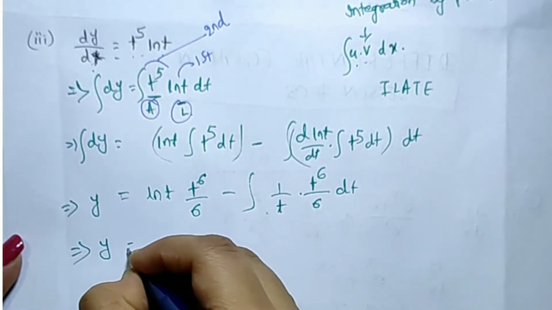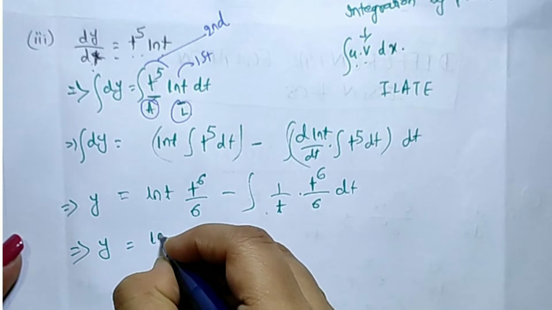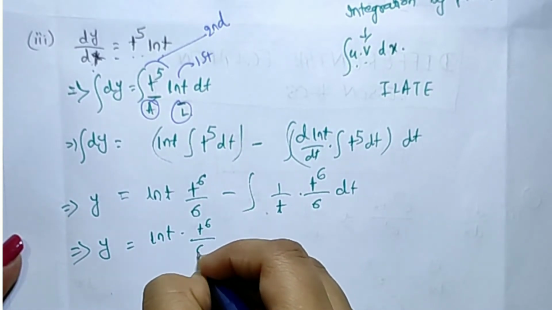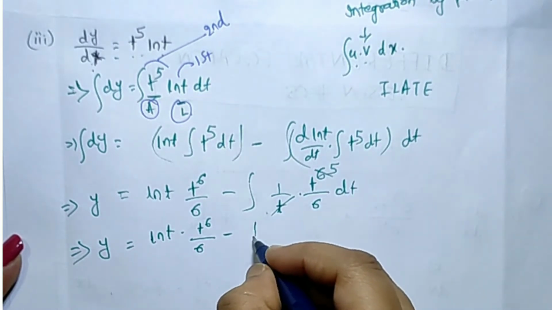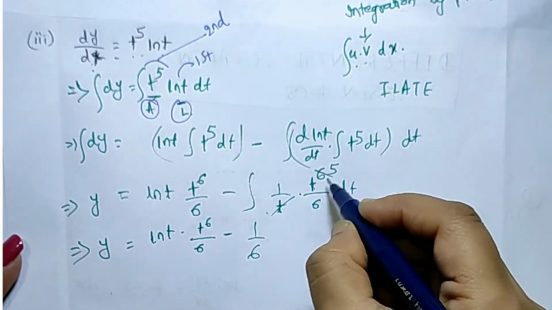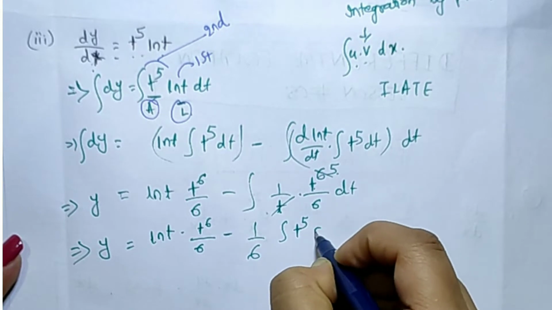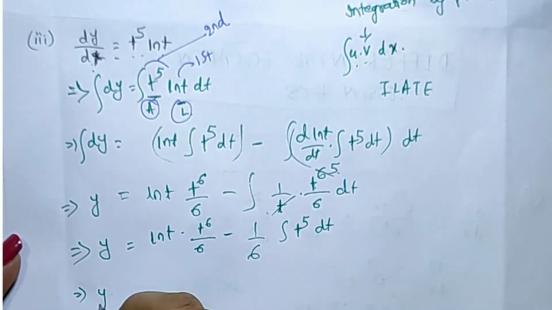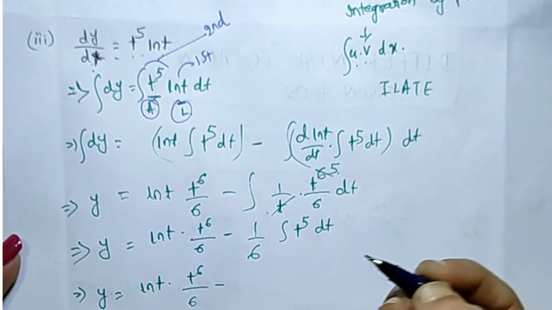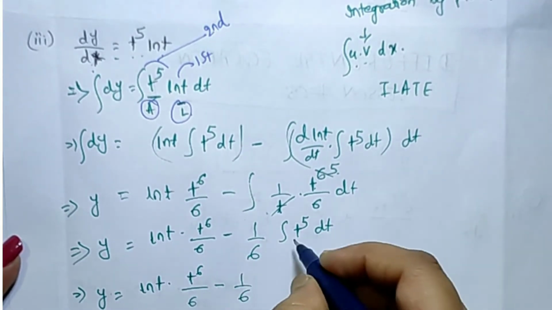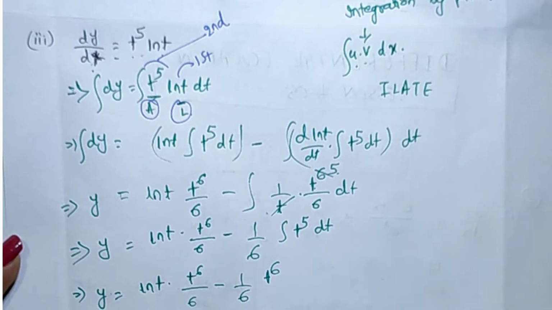Implies that y is equal to ln t into t power 6 by 6 minus this t is cancelled out, this will be t power 5, 1 by 6 is constant and t power 5 integration, t power 5 dt. Implies that y is equal to ln t into t power 6 by 6 minus 1 by 6, t power 5 integration will be t power 6 by 6 plus c. c is the integrating constant.